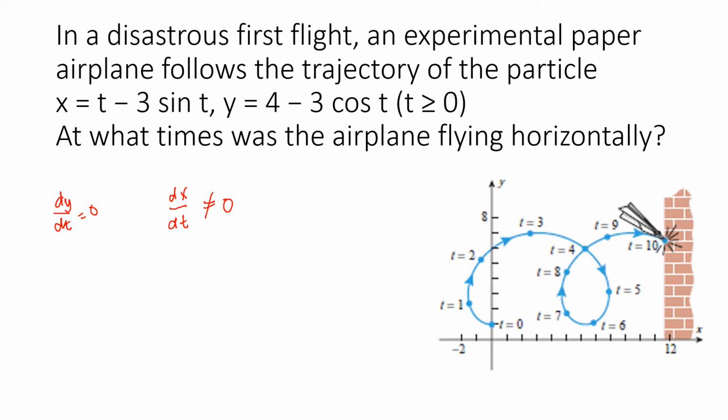From the given trajectory, our dy over dt would be equal to 3 sine t, and dx over dt is equal to 1 minus cosine t. So setting dy over dt equals 0 yields the equation 3 sine t is equal to 0, or more simply, sine t is equal to 0.